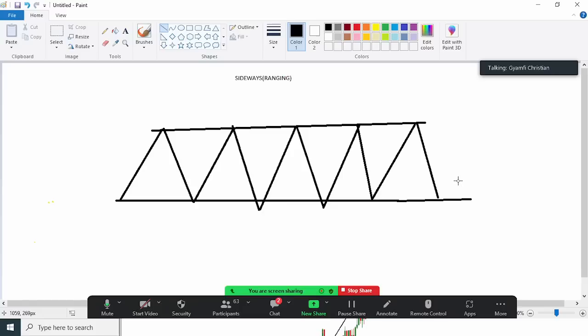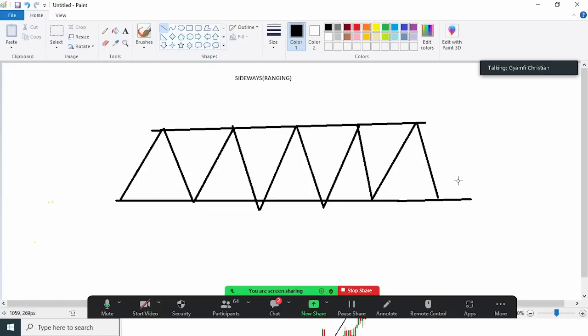In a sideways market, the market will just be moving up and down without a definite direction. The market is not buying, it's not selling. It's creating equal highs and equal lows, just as one of our three guys said.